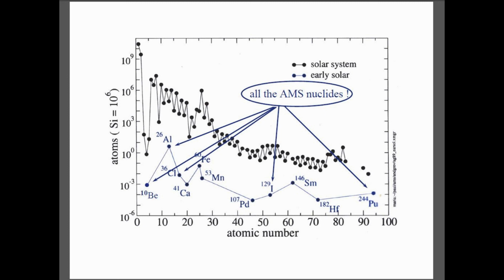And the other thing which is interesting in these nuclides, for us experimentalists, is that these are all the AMS nuclides, the nuclides which are detected with exquisite sensitivity with AMS, accelerator mass spectrometry.